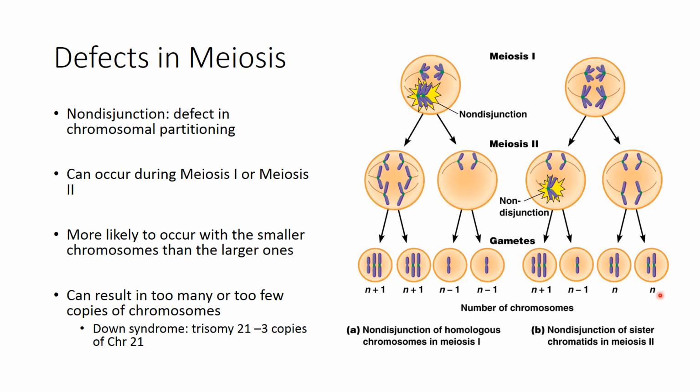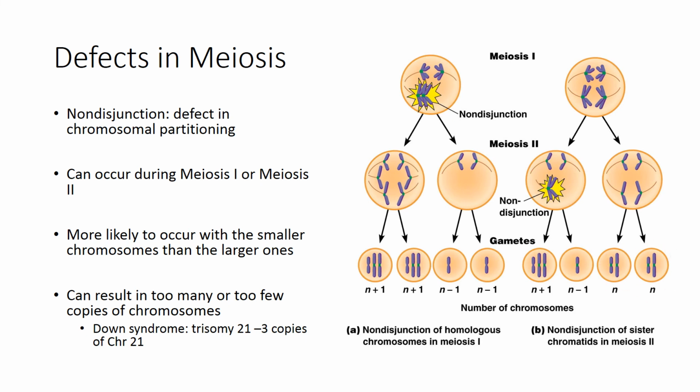So these have the exact numbers they should have. They're half of what we started with, and they will work out fine if they're combined with another gamete. So it's more severe, obviously, if it happens in meiosis 1 because all 4 of these are screwed up, versus if it happens in meiosis 2 where you've got 2 out of 4 which are just fine.